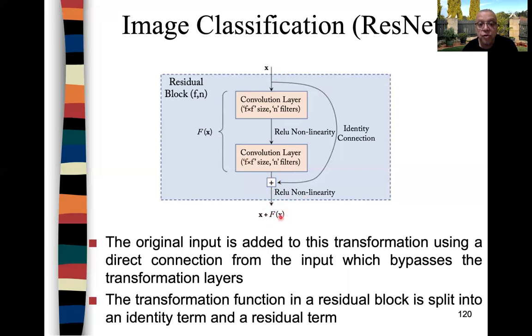The original input is added to this transformation using a direct connection from the input, which bypasses the transformation layer. In practice, such an architecture enables stable learning of very deep models.